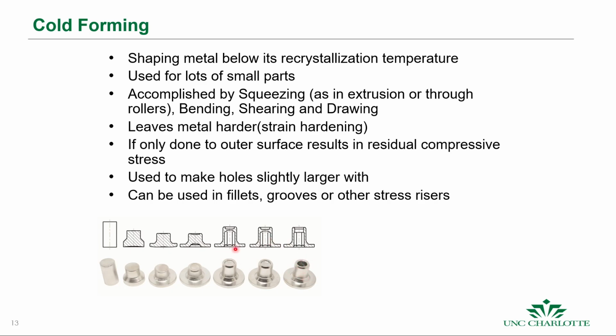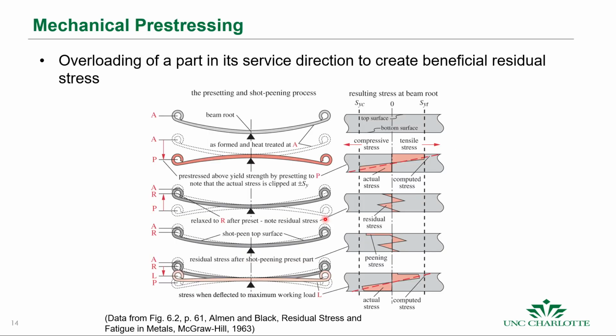Okay, so there will be a lot of residual stress that remains in the part due to this cold working process. All right, so this is an example of mechanical prestressing, which is another way of introducing these residual stresses.